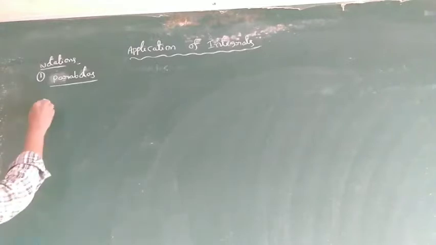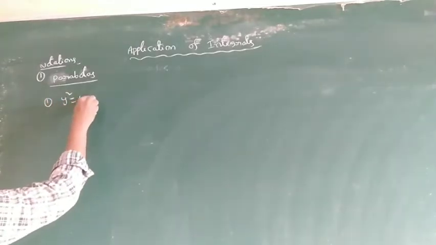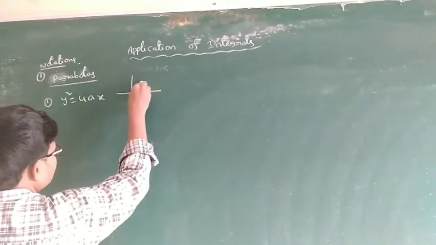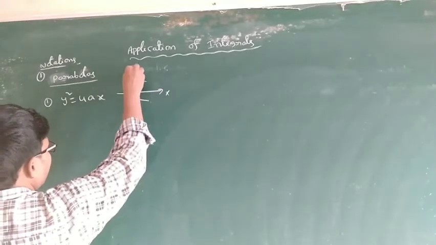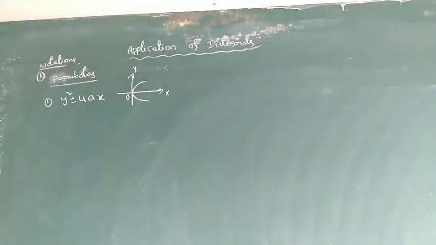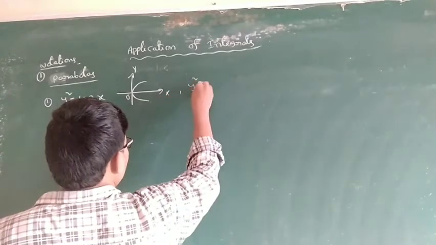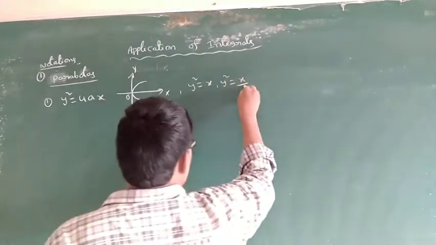First one, y square is equal to 4ax. That is the parabola. This is the shape of the parabola. Not only y square is 4ax: y square is equal to x, y square is equal to x by 2.